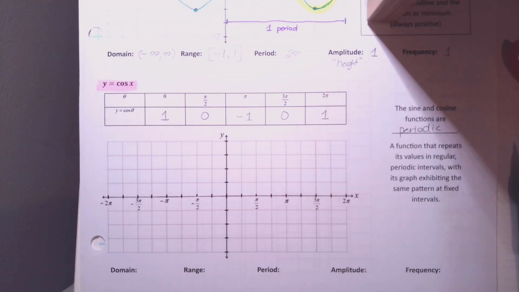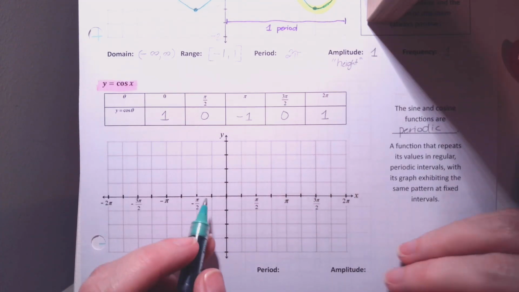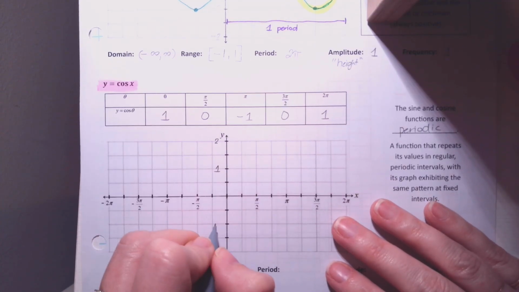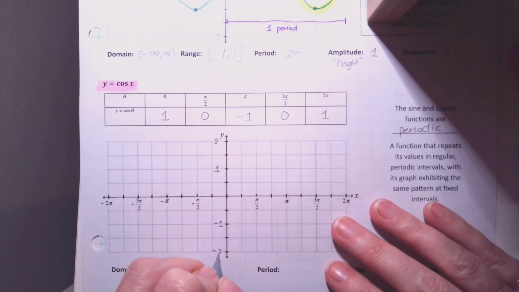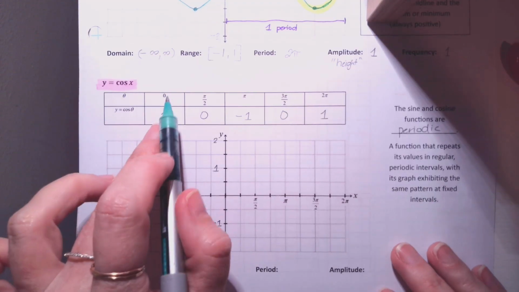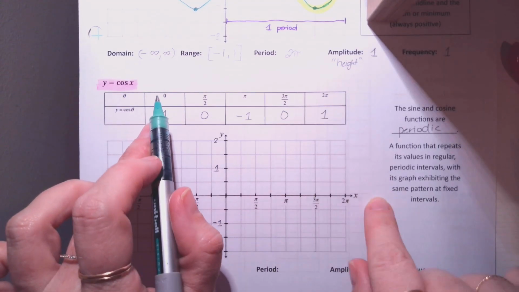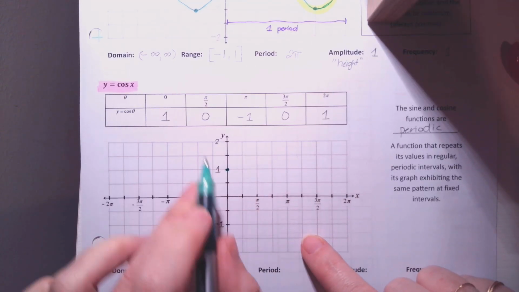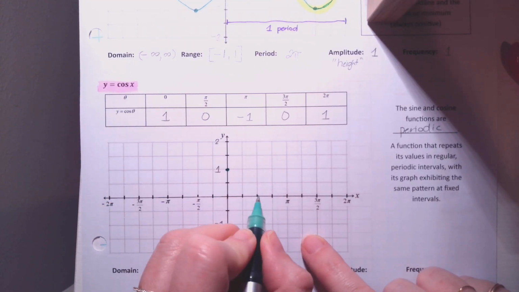So just like the last one, I am going to create a little graph of this so we can see what this one looks like for the parent function. So I'm going to label the y-axis just like I did on the last one. 1, 2, -1, -2. Okay, so at an angle of 0, that's the x-axis input. It'll have a cosine value of 1. At pi over 2, it's at 0.